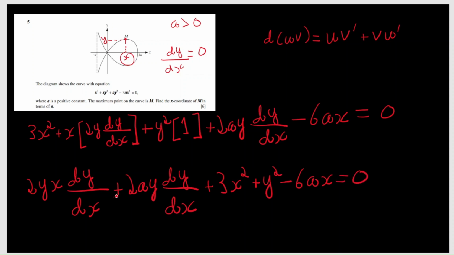We are taking dy over dx common here. I won't be taking 2y common here, and you're going to realize why I'm doing this step. Then I'm going to take these terms to the right hand side.